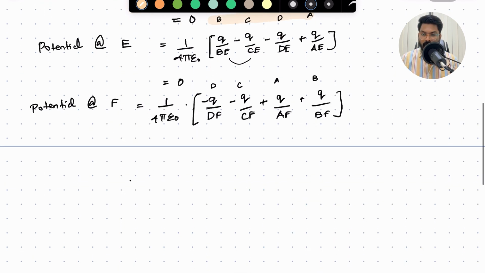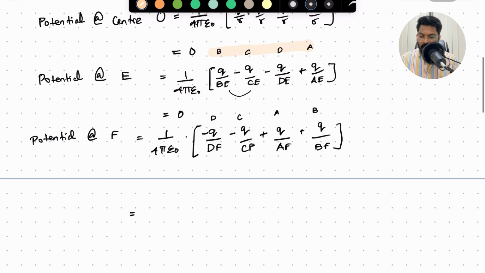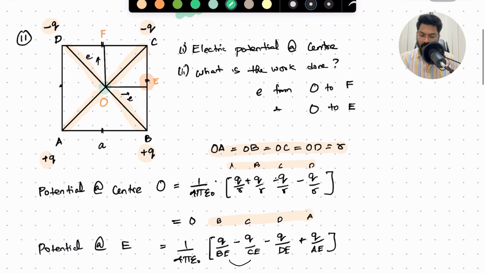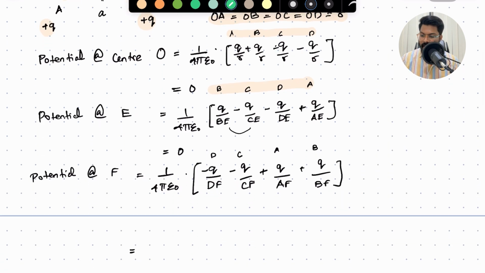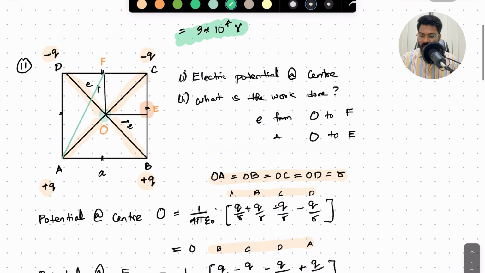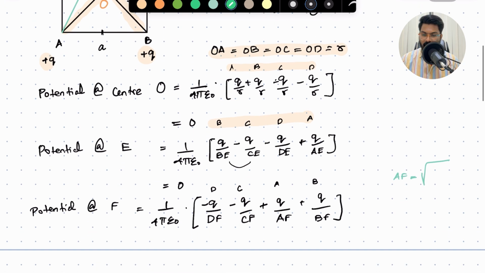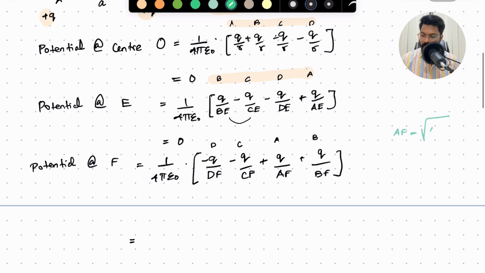If you go forward, now let's look at AF. So what is AF? Let's try finding AF. AF is the hypotenuse here, so AF equals square root of AD square plus DF square.